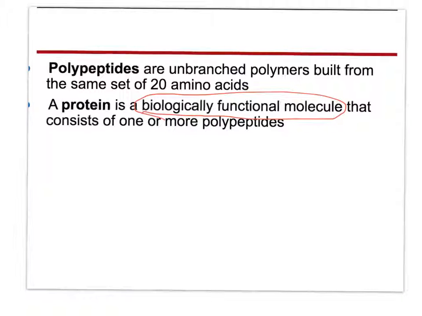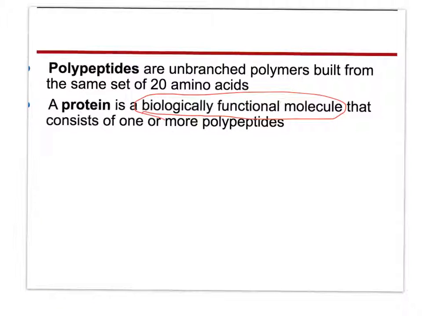A protein denotes functionality. It can do the job it is intended to do. A polypeptide may not be functional, may not be in the right structure for it to be functional. It might not have the right interactions for it to be functional.